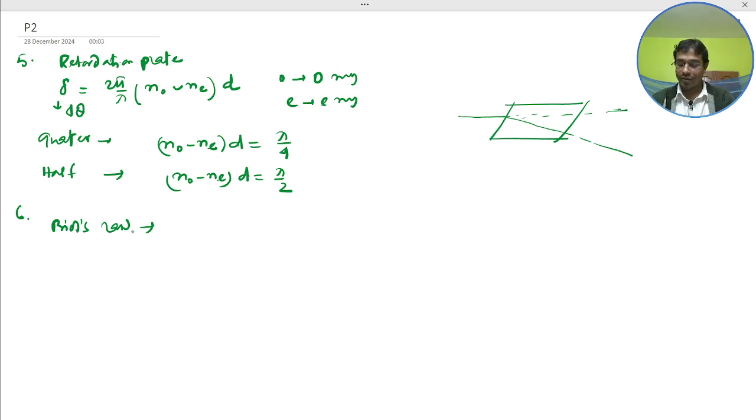A solution containing m milligram of active substance per cc, the rotation theta for a path length L is given by theta is equal to S m L by 10, where S is the specific rotation.